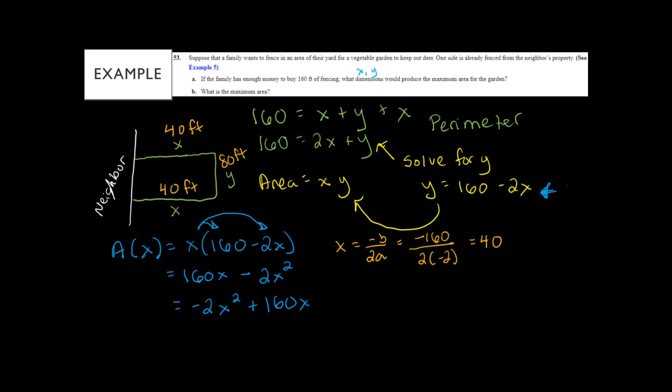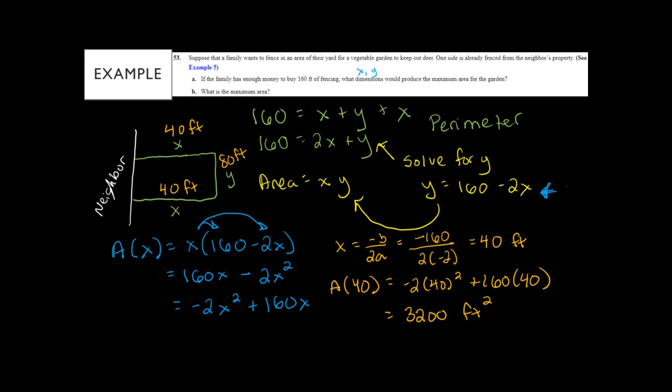So we've got the dimensions, 40 feet by 80 feet, and now what is that maximum area? So then we can just plug it in, and we want to plug in 40 because that's our value for x. And hopefully I'm not making any errors. 3,200, and then this is going to be feet squared because area is always squared.